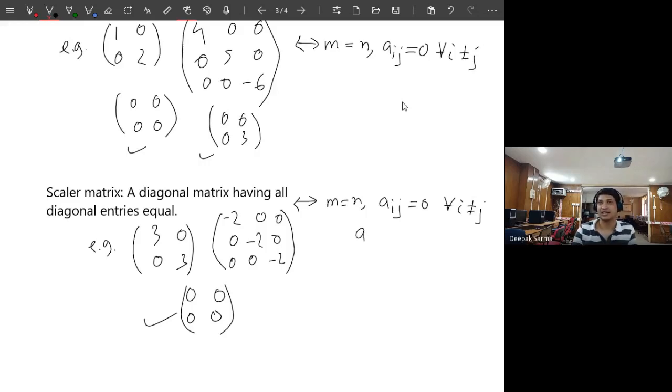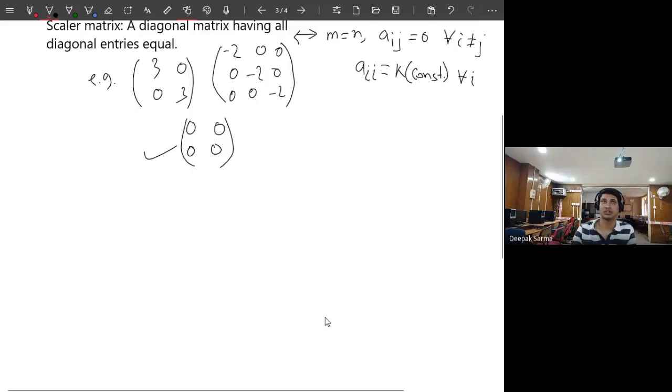All the diagonal entries aii, because i is equal to j, equal some k, some constant, a fixed number, for all i. This one is the 1 1 entry, this is the 2 2 entry, 3 3 entry. For diagonal entries there should be a fixed constant number. Here the constant is -2, here it is 3, here it is 0. Got it?